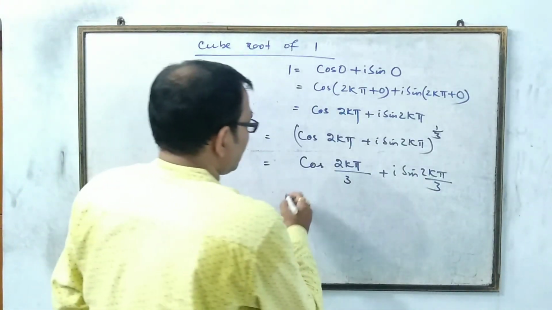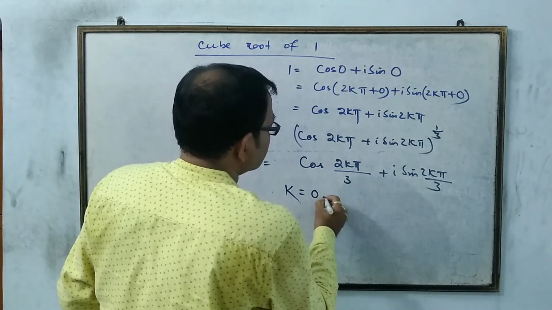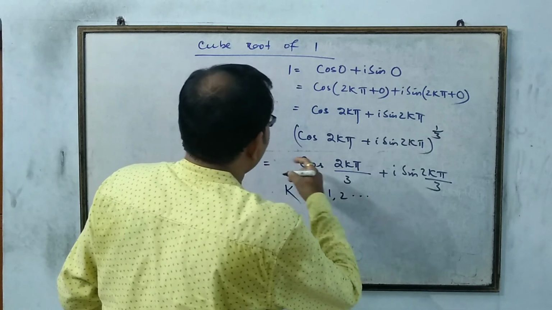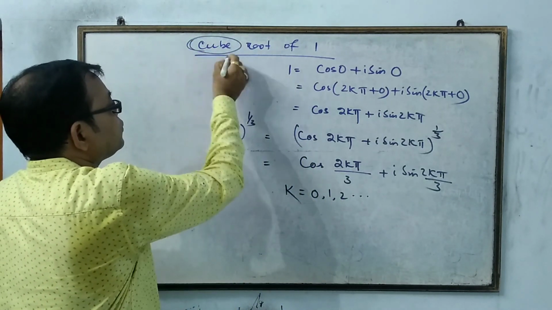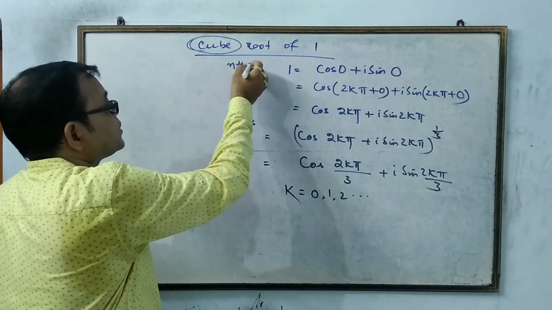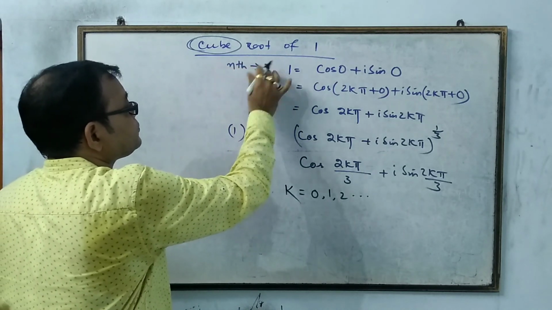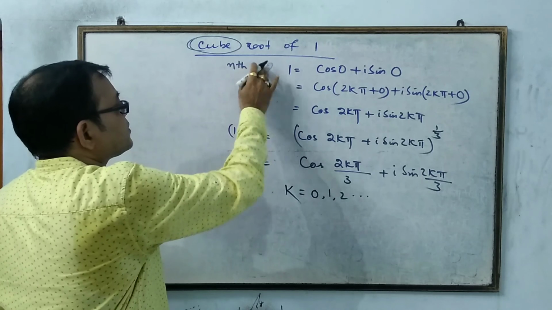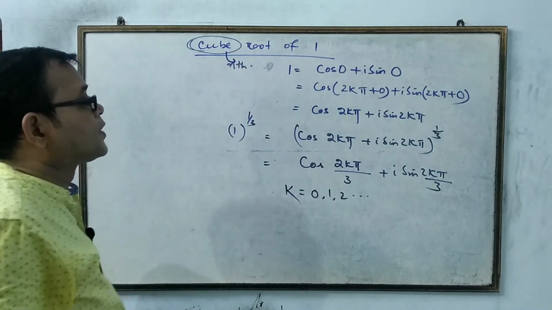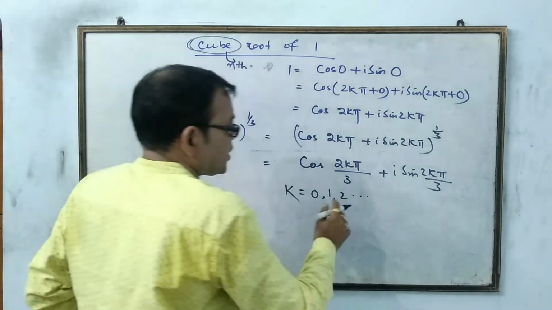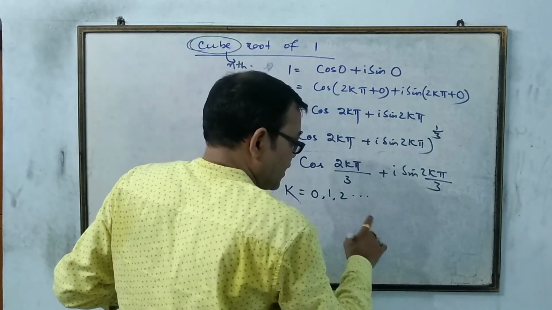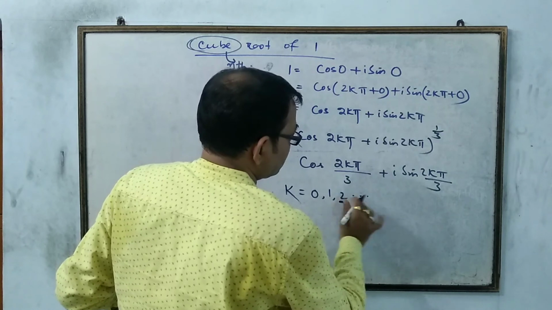What is the value of k? I have taken k is equal to 0, 1, 2, up to n minus 1. Here we have to get the cube root, so n is equal to 3. So I have to write up to n minus 1, it means up to 2.